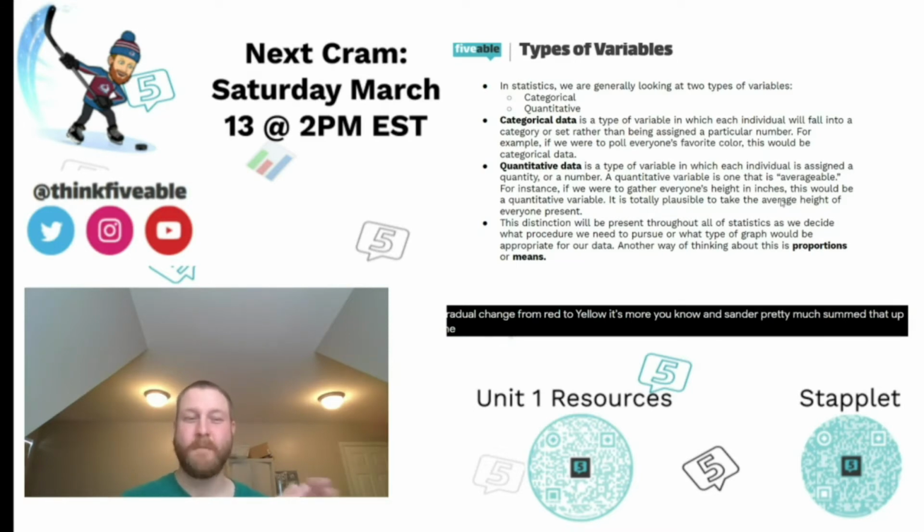The numbers don't mean anything, like with zip code. 35034 and 35035, they might be close to each other, but there's no transition between the two. Just like red being 2 and yeller being 3, there's no gradual change. It's not a gradient change from red to yellow. It just is. Those are good questions.